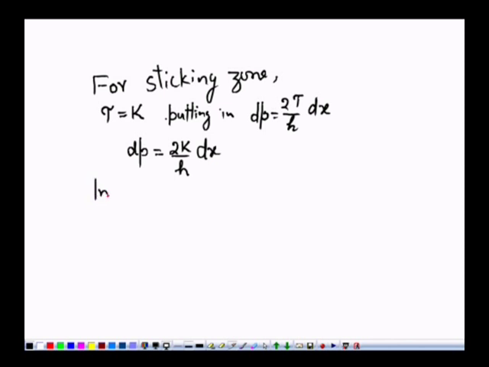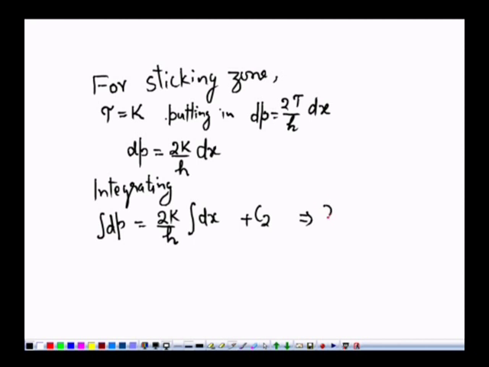Now integrating it again, we have P equal to twice k by h dx plus C2, and this is in between xs less than or equal to the variable x, varying up to L. So finally our P will be twice k into x by h plus C2.